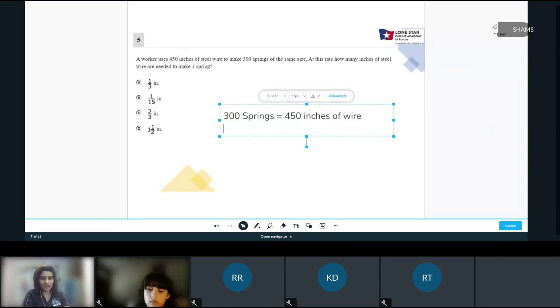So in order to make 1 spring, think about what will you do to find for 1 spring. It is also called unit rate. What operation will help you find for 1 spring?